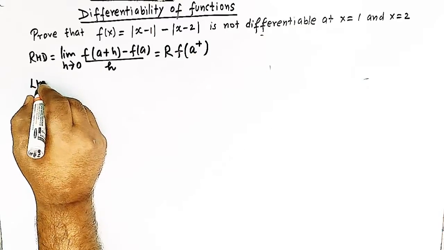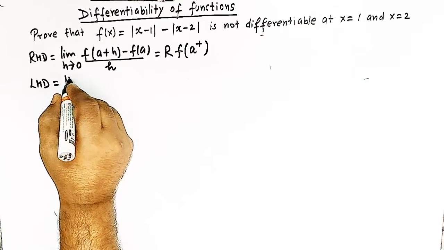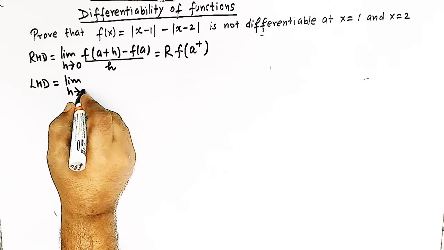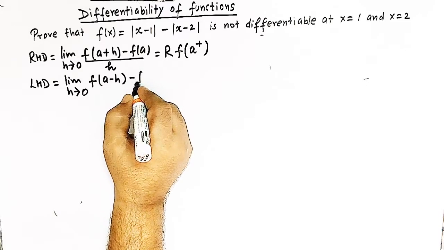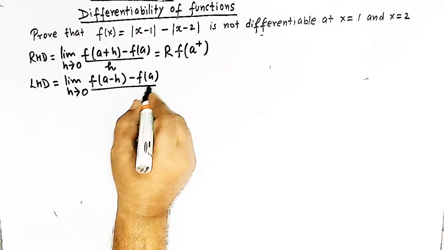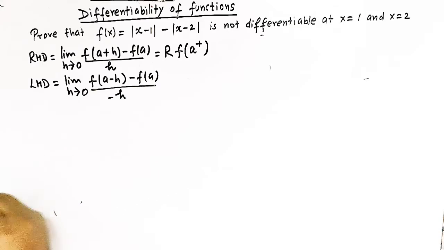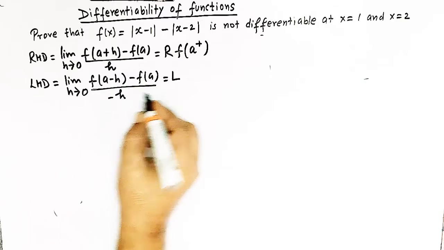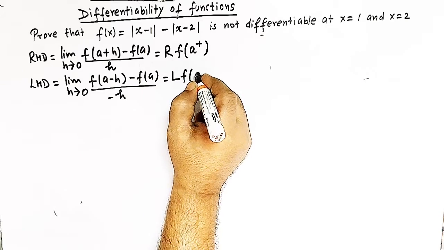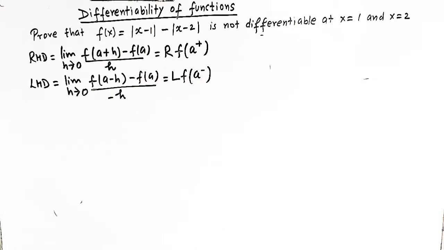And the left hand derivative is defined by this limit, h tends to 0, f of a minus h minus f of a divided by minus h, and here we have L for the left hand derivative, and here we write f of a negative, right?